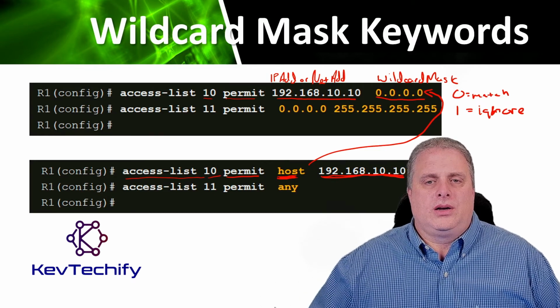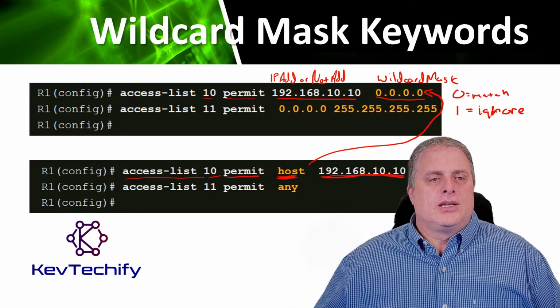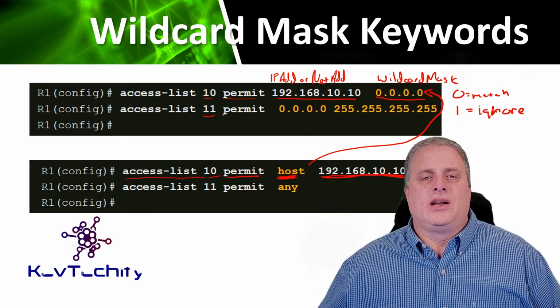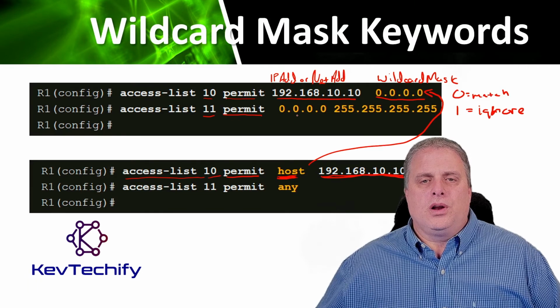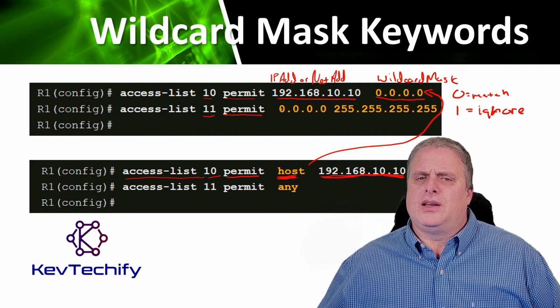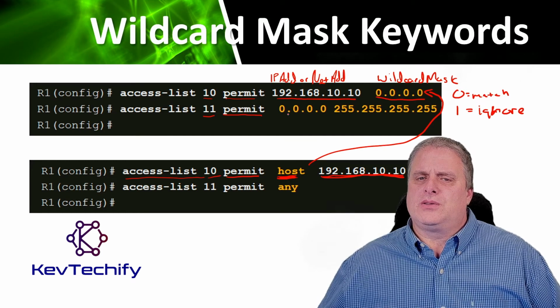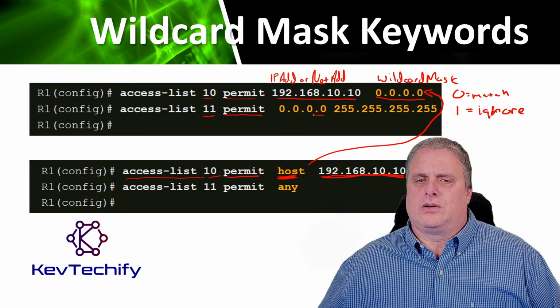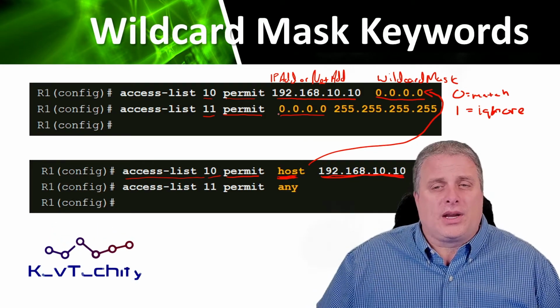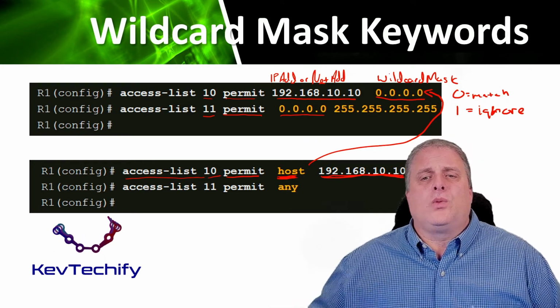Another one is where we're looking at, so here we're creating a second access list 11, and we're going to permit, here's our IP address, or network address, of 0.0.0.0. Okay, that seems a little weird for an IP address or a network address, but then let's look at the wildcard mask.